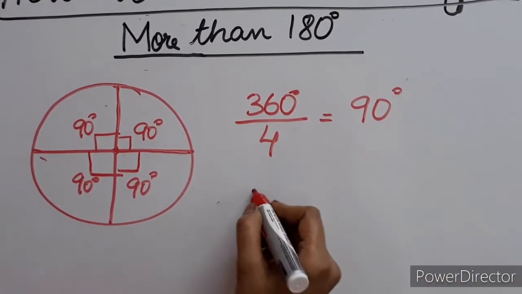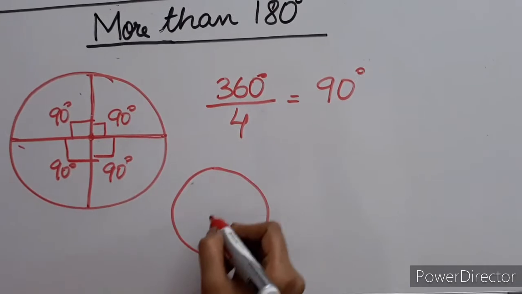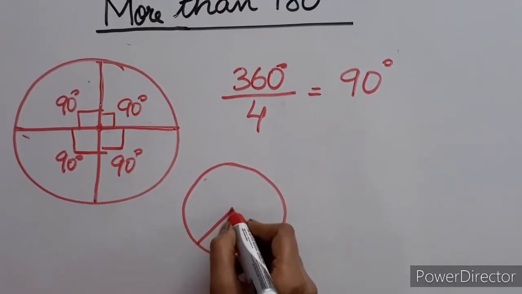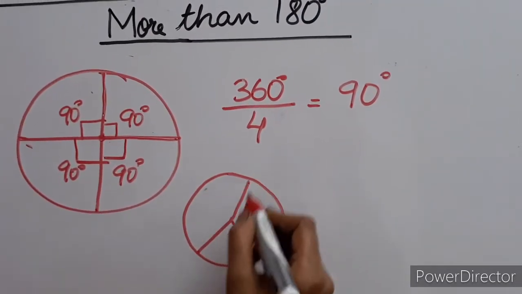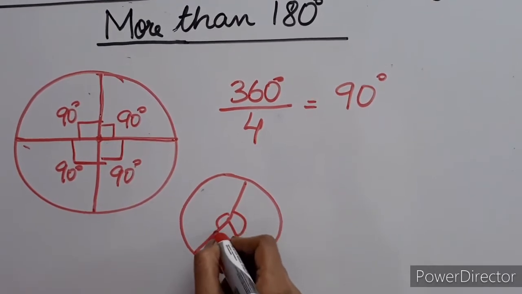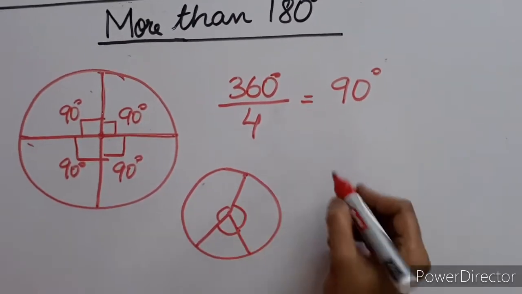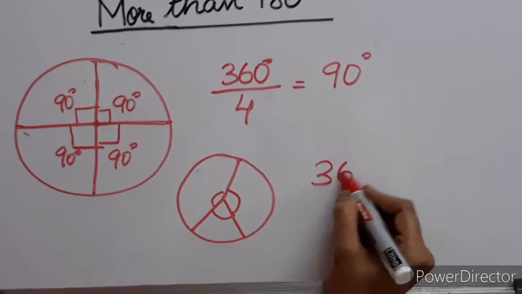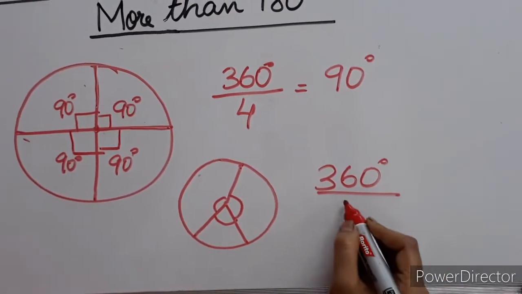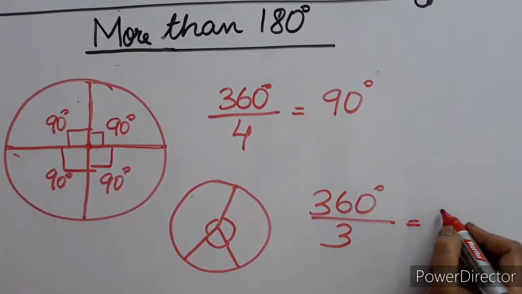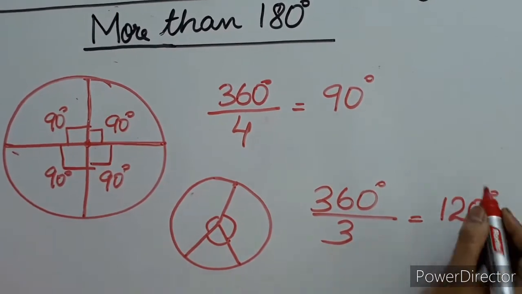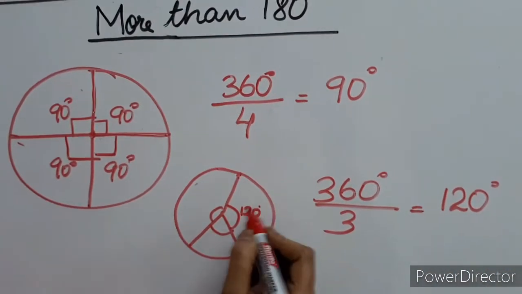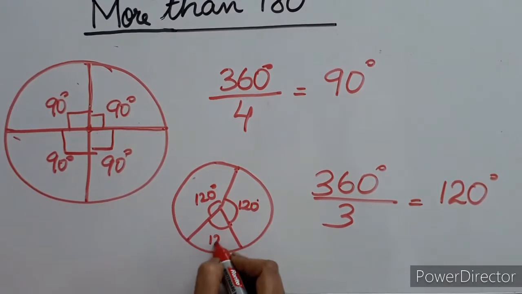Same way, if this is a circle and I divide it into 3 equal parts, what will be the required angle? Again, for one complete rotation the total angle is 360 degrees. When we divide it by 3, the answer is 120 degrees. So each angle formed here is 120 degrees.